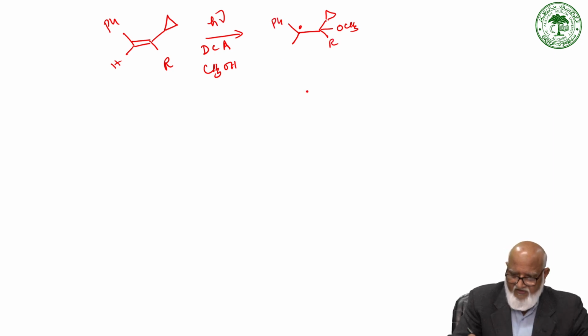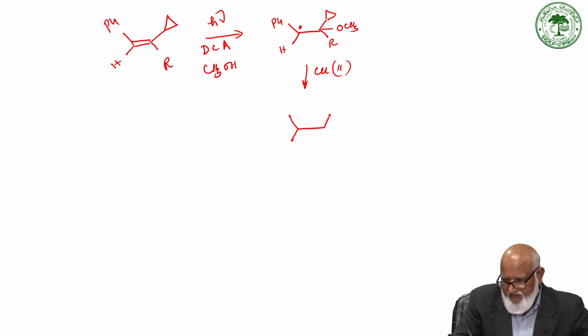Here you have a phenyl group, and in the presence of copper(II) it generates a cation through electron transfer.